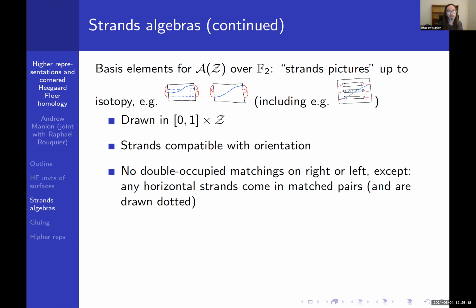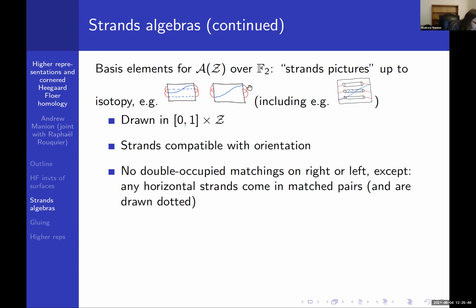Then I have to say, that's the only case where it is allowed: if the strands are horizontal, then the rule is you can't have one or the other. You have to, in some sense, have a sum of having one but not the other, plus the other but not the first. You can think of it that way, or you can think of it as just dotted lines that you treat with certain diagrammatic rules. Either way, I'll draw these dotted lines, but they always come in matched pairs.